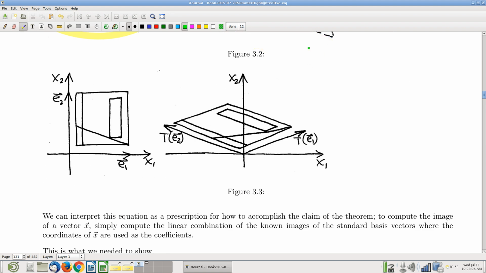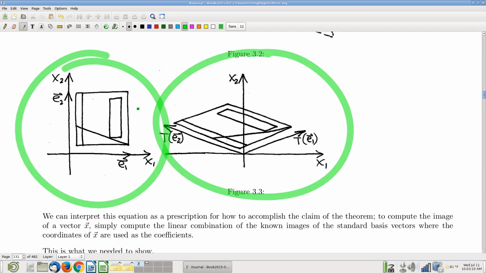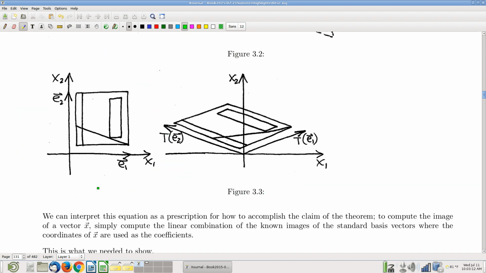So here's a linear transformation from R2 to R2, and as I've drawn it here, T of E1 is that, and T of E2 is that. Okay, and everything else kind of does what it has to. I mean, if I know where T of E1 and T of E2 go, then everything else goes to where it sort of has to go.